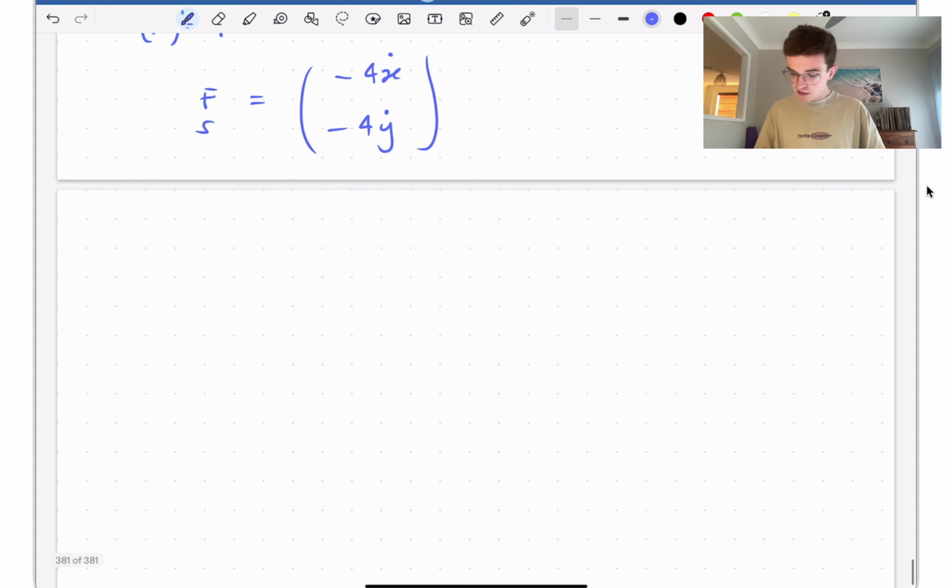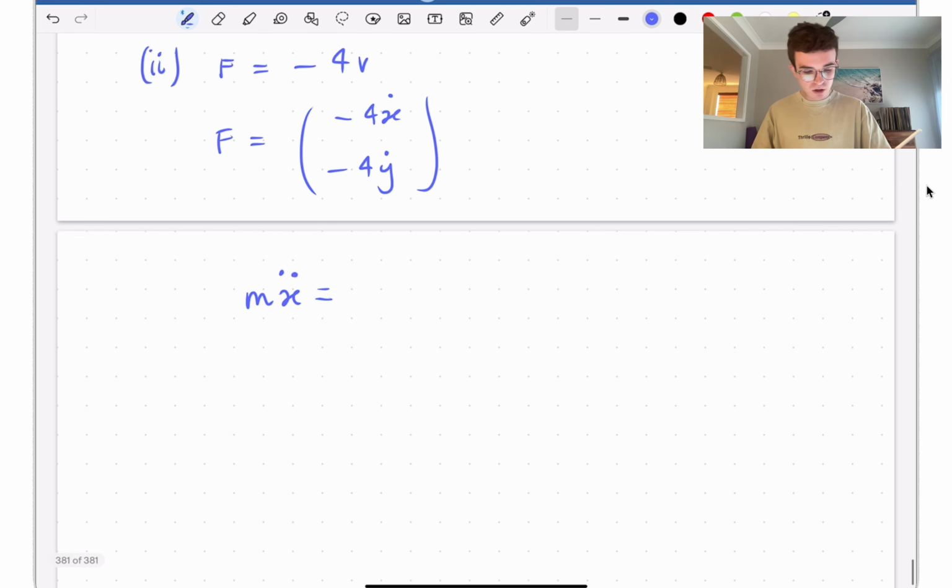Okay, let's consider our air resistance horizontally. We know that mx double dot, that's our force. So we're just going to leave it as force, but mx double dot or my double dot.